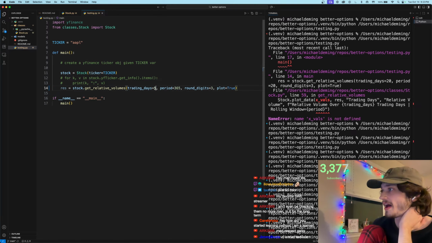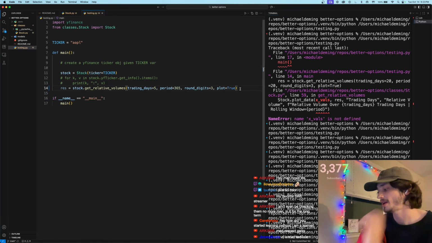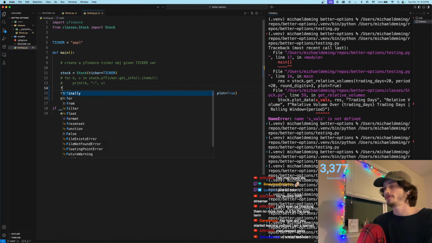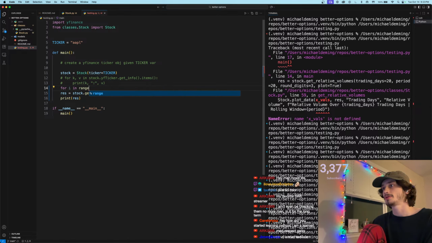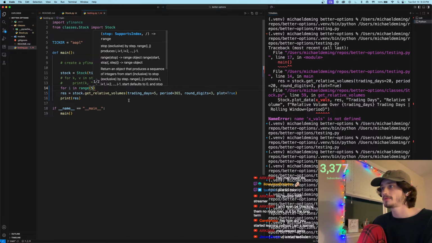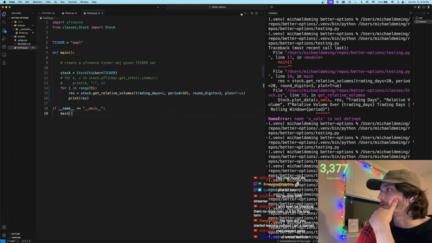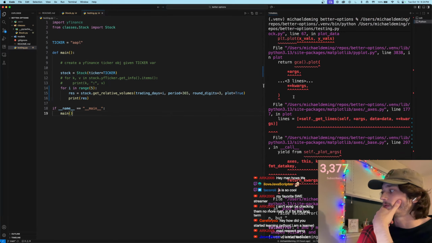Let's do the past 5 trading days for 365, and I'm going to print res here. I'm going to do for i in range of 5. We'll do i there. Okay, so now if we run here, what?